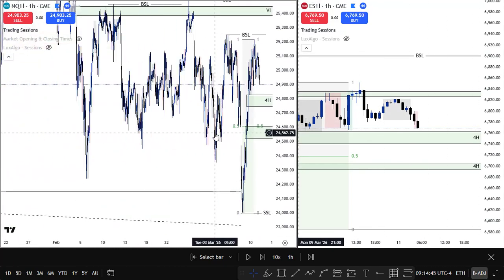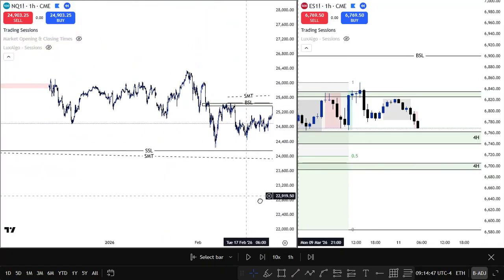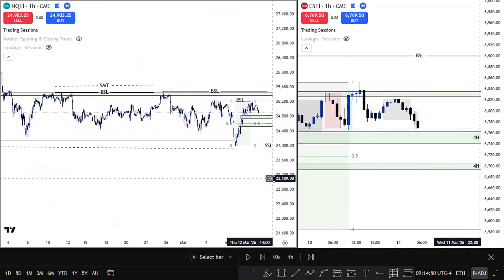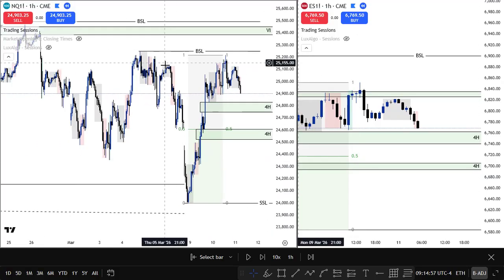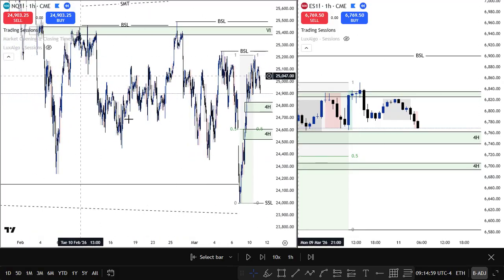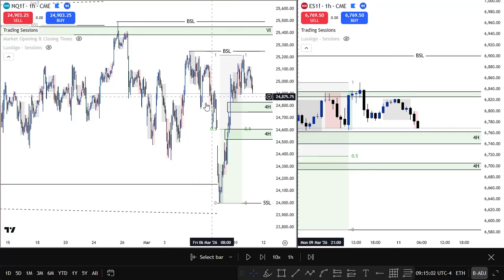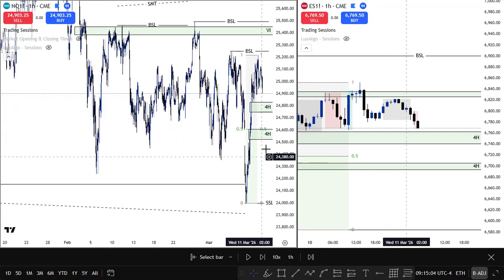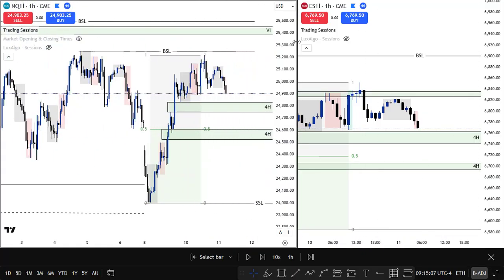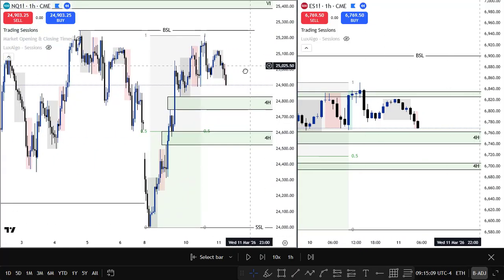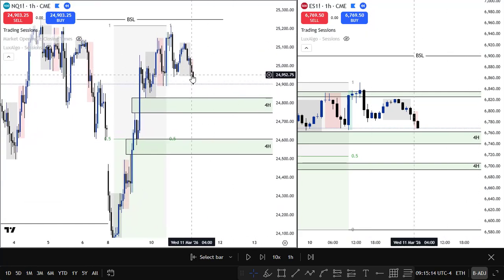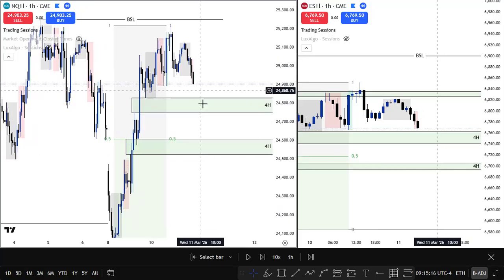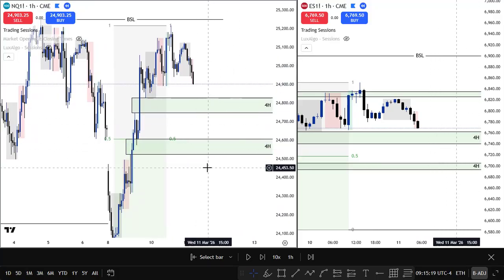Technically on the daily, I still understand that we might push lower. I would say the daily buy side is pretty low, so price might go lower. But just based on what I see, this accumulation prior to this push and displacement back, taking the sell side on the S&P at the bottom, I understand that I want to see higher prices today, maybe after coming back into the discount area before we push higher.